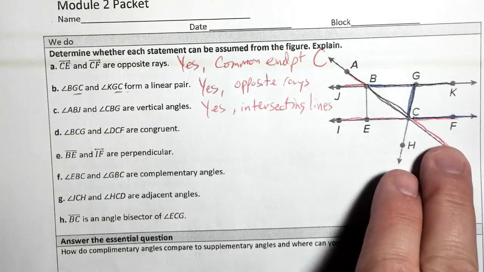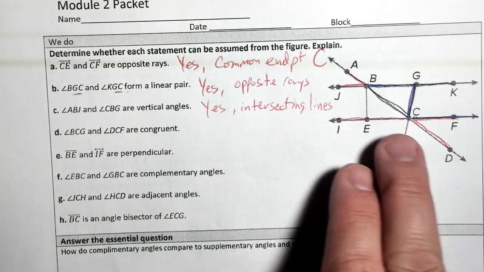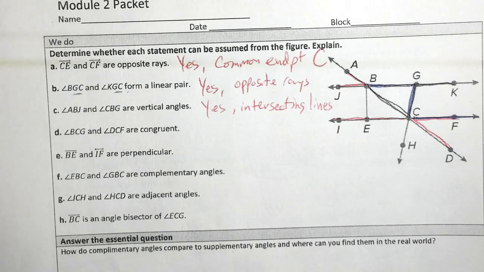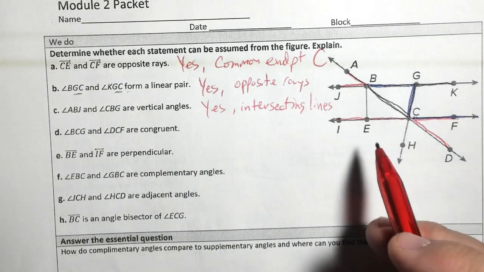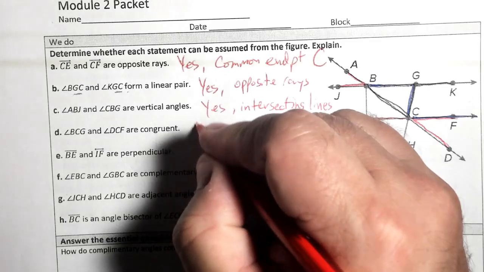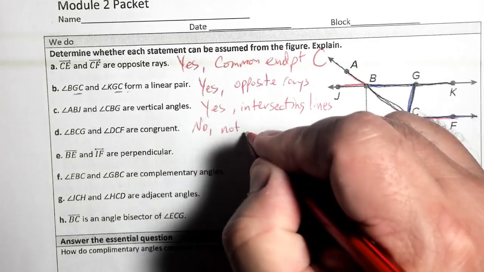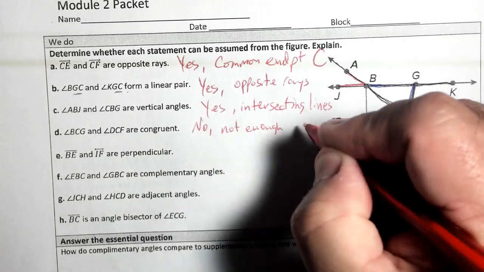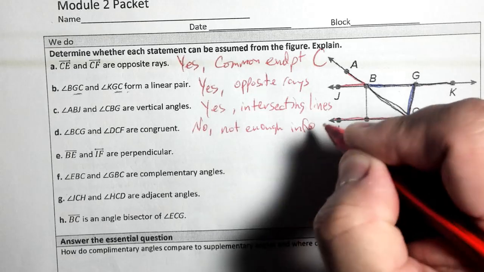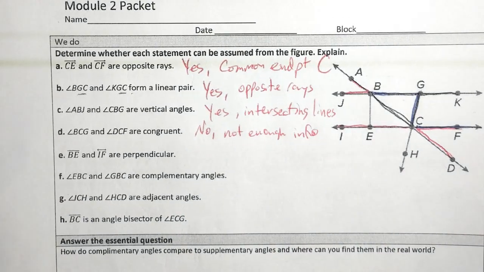So they're both on the same line, but there's really nothing else that we've learned, or nothing else that this diagram can tell us to indicate that they are congruent. So, no, not enough info. We're only going to write not enough info for the first one. It's going to be the situation for any that we call no.